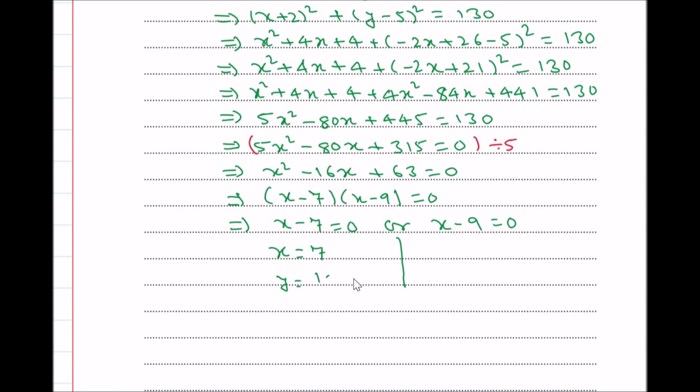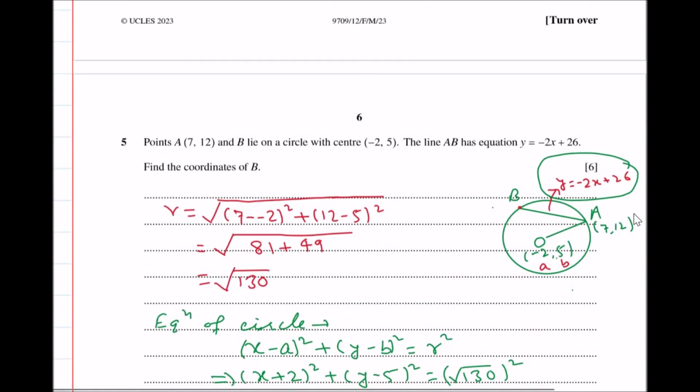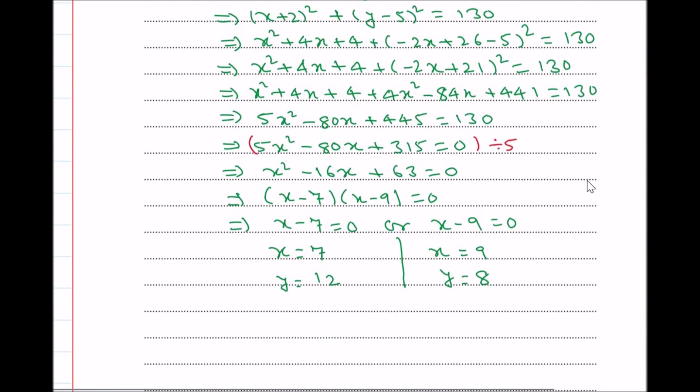Now here we got x equal to 9. So y equal to, we are getting 8 by substituting in the equation of the line here, minus 2x plus 26. If you are substituting x equal to 9 there, we get 8.